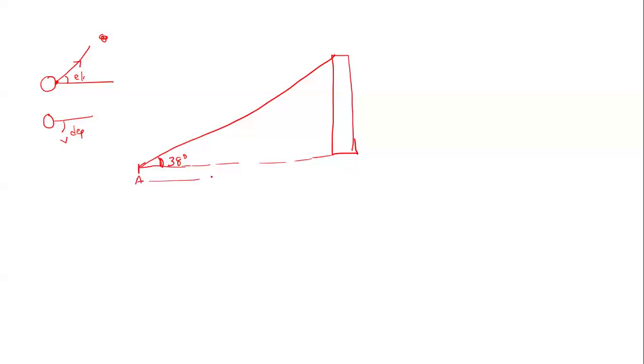When he moves towards the building, the angle here changes. Remember they are still looking at the top of the same building. So you notice that the angle here has changed and now they're telling you it is 72 degrees. But which distance had this person moved from here up to here? The distance the person had moved was 30 meters.